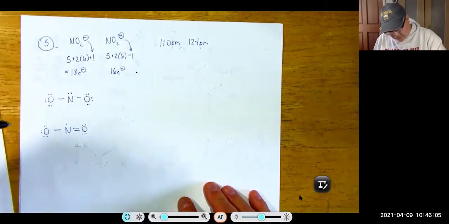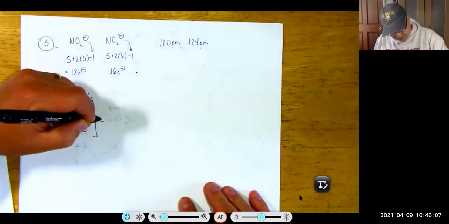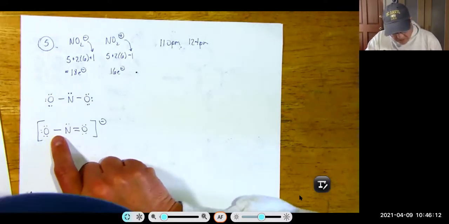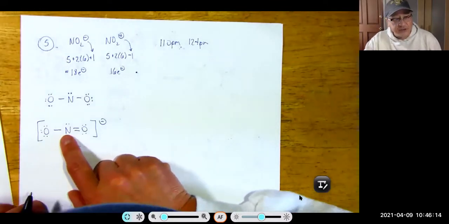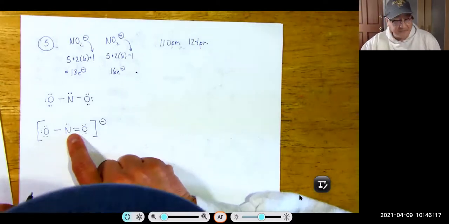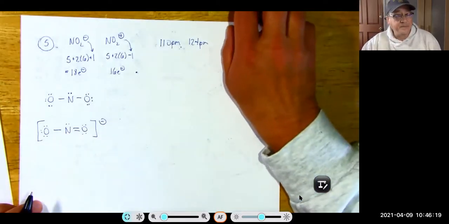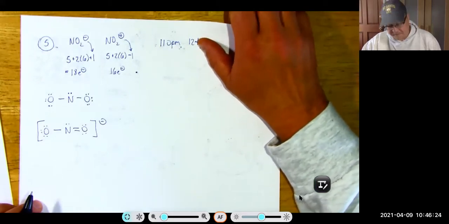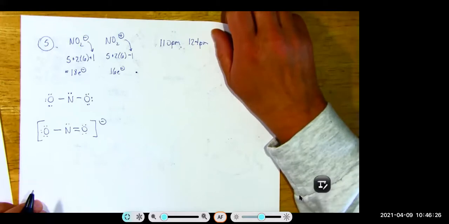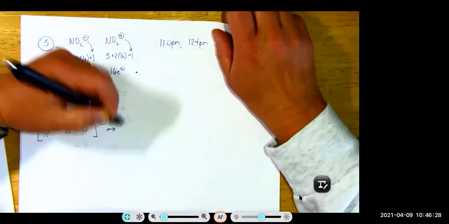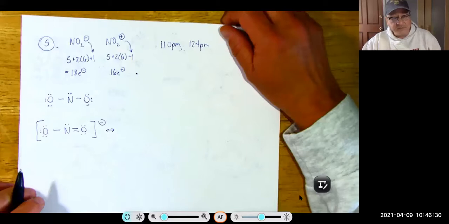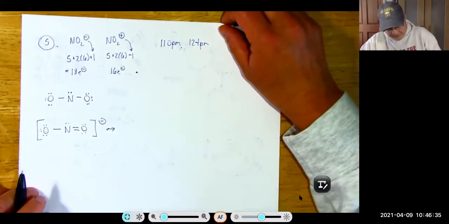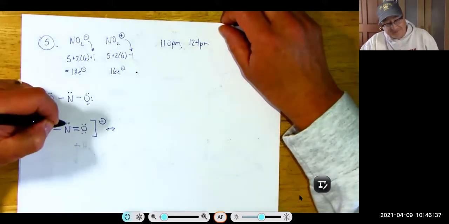And this is not a trick question. This is a real question here. Why do I not draw a double bond between this oxygen and this nitrogen in addition to the double bond here? Because I could change the formal charges. No, because you can't have more than 8 electrons on a second period element.